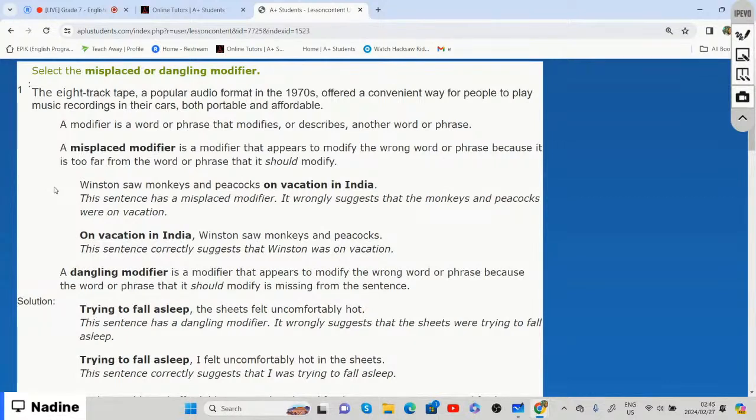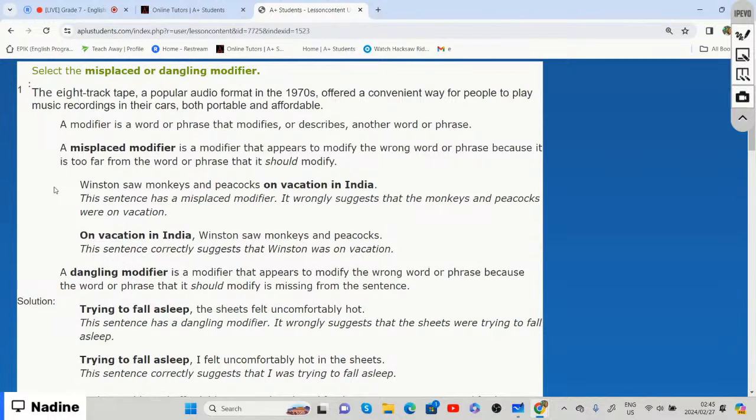So basically, the misplaced modifier is that it was the monkeys and the peacocks that were on vacation in India. So it is wrongly suggested that the monkeys and the peacocks were on vacation.